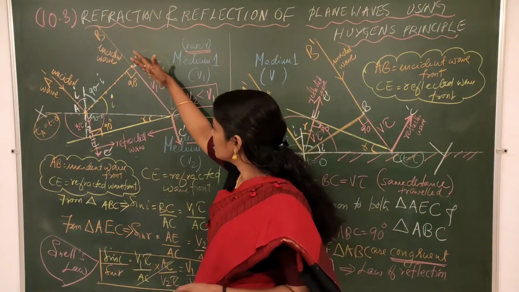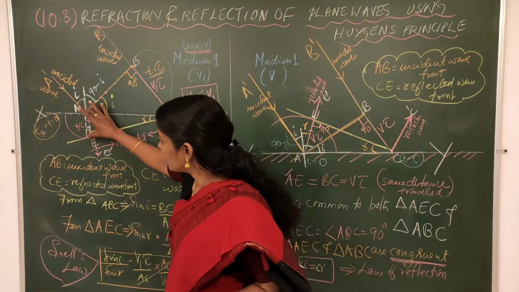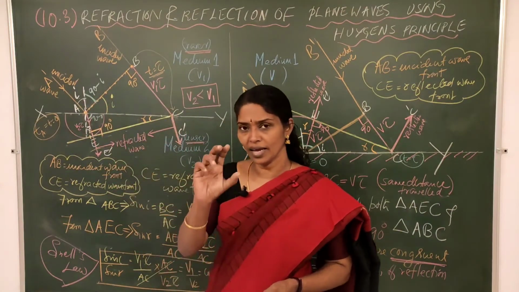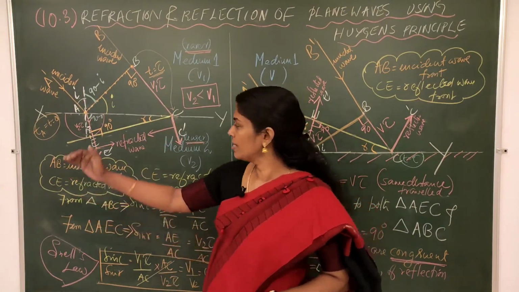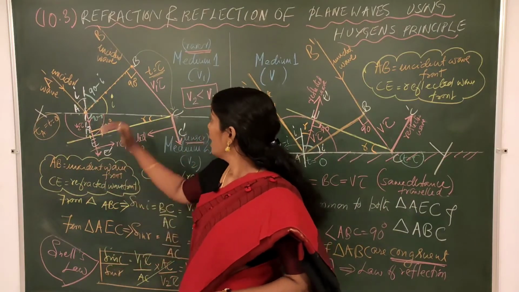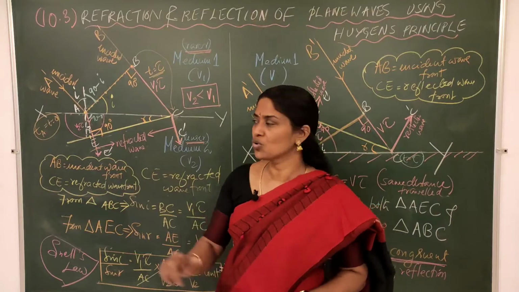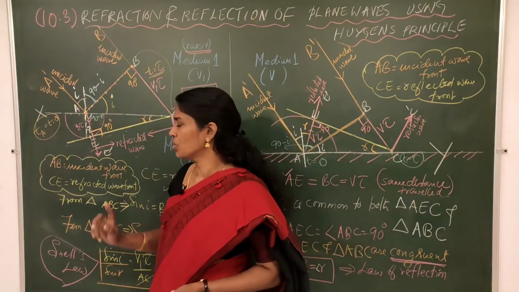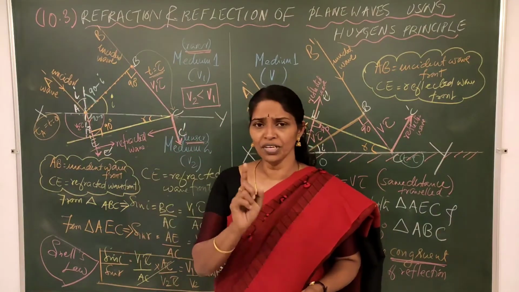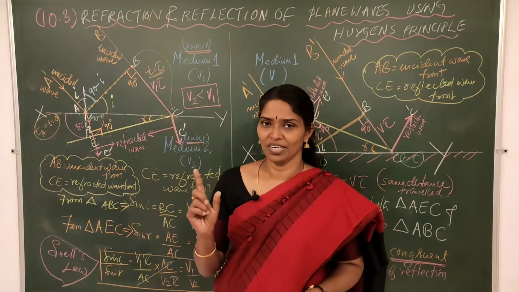So BC will be much greater compared to AE. AE is the distance travelled in the second medium, and BC is the distance travelled in time tau in the first medium. So v1 tau and v2 tau, you have two values, and v2 tau is lesser than v1 tau.